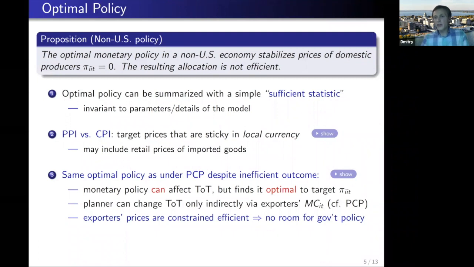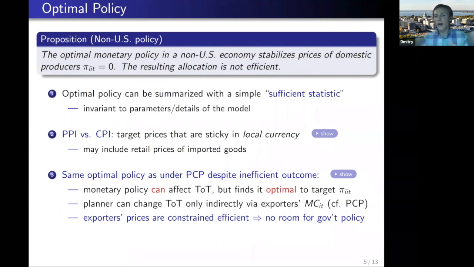Under PCP, this is achieved by decreasing nominal interest rates, which automatically increases local demand and leads to depreciation of the exchange rate, which makes exported goods cheaper in the currency of destination and then increases foreign demand for them. Here, when monetary policy decreases the interest rate, that only increases local demand, but per se it has a very small effect on the export margin.